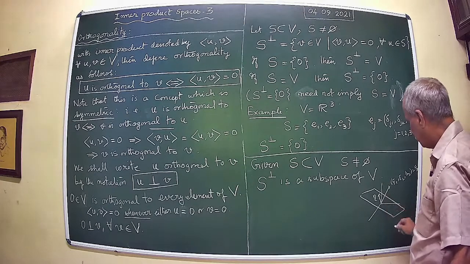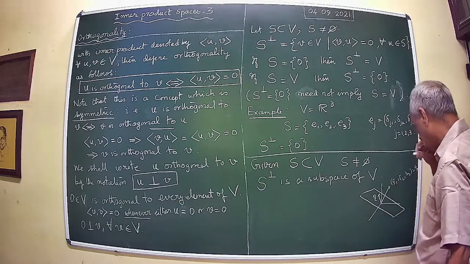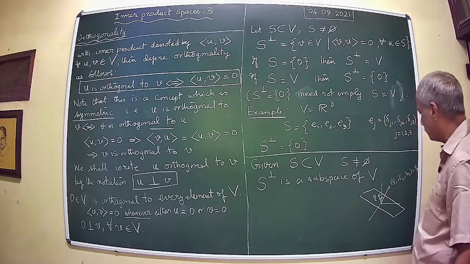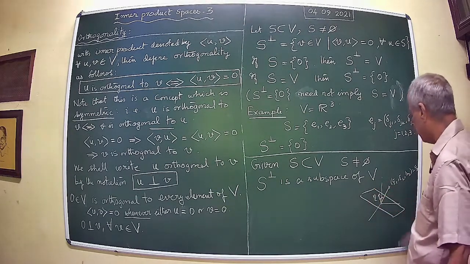Eta with the property that the angle between psi and eta is equal to 90 degrees. So that gives a plane.